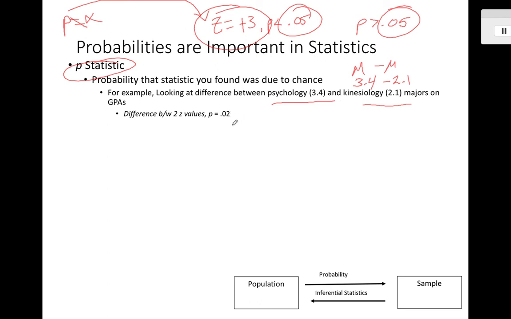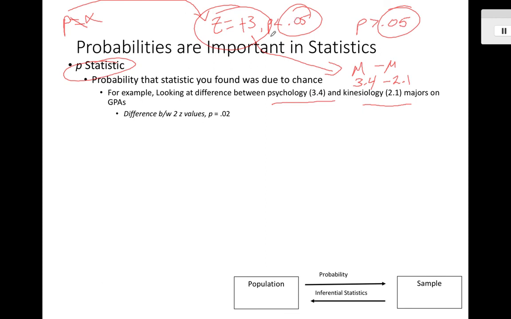So I look at the difference between those scores, and let's say my z-score is a positive 3, just one that I'm creating in this instance. Associated with this statistic that I've calculated, I now calculate a p-value.